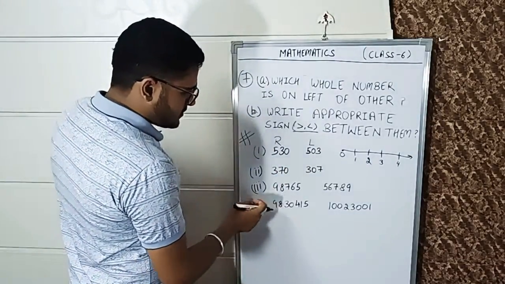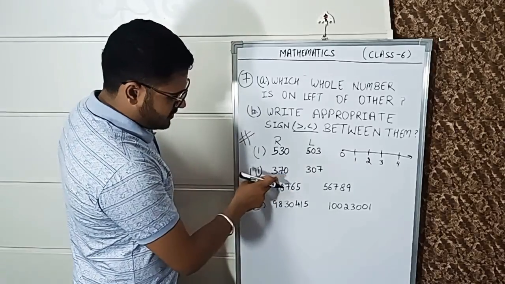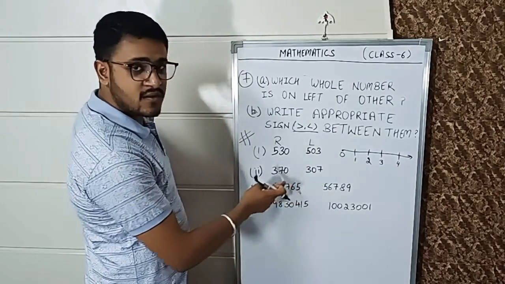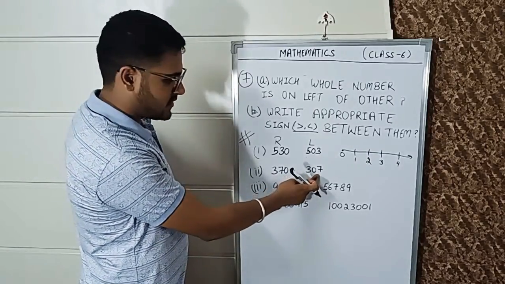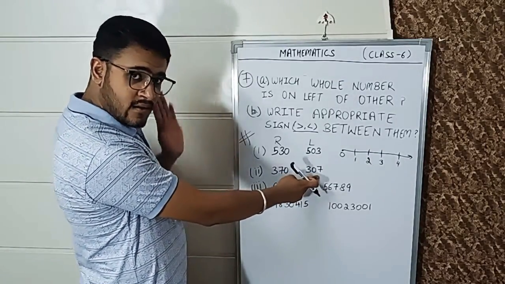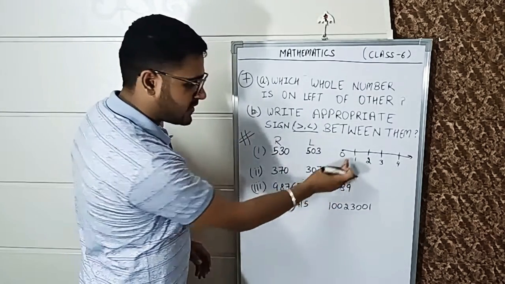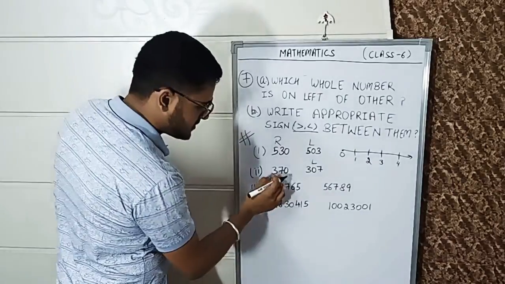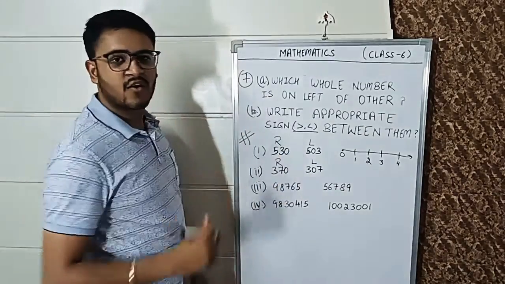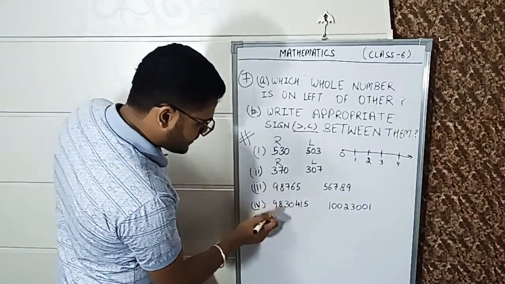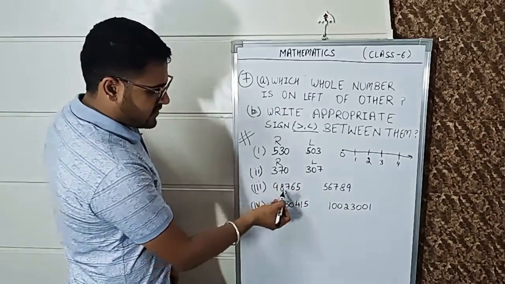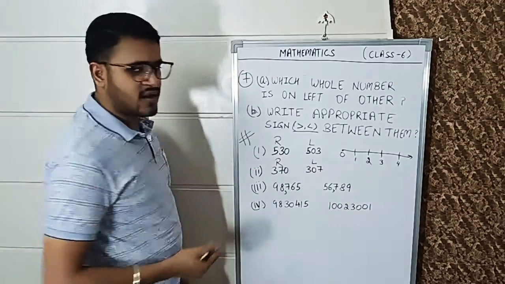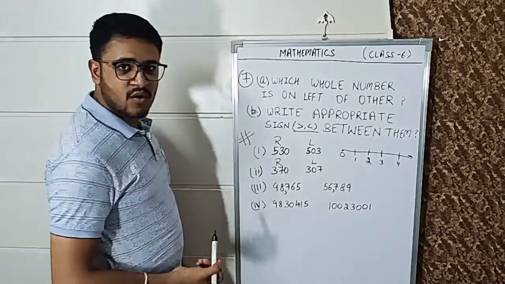Okay. In the next example, 370 and 307. Which one is smaller? 307. So it will exist on the left side. 307 on the left and 370 on the right side of the number line. Next example, 98,765 and 56,789. So 56,000 is smaller.